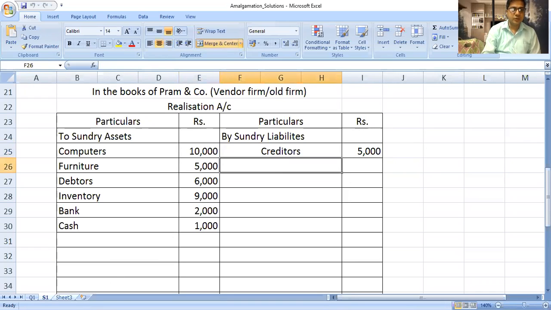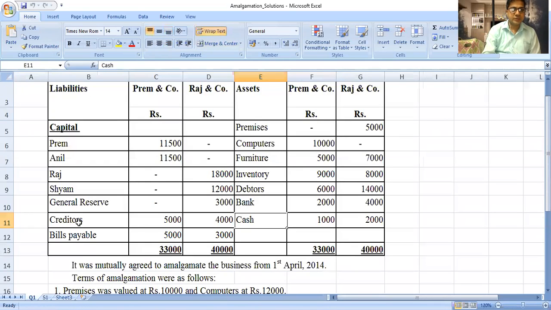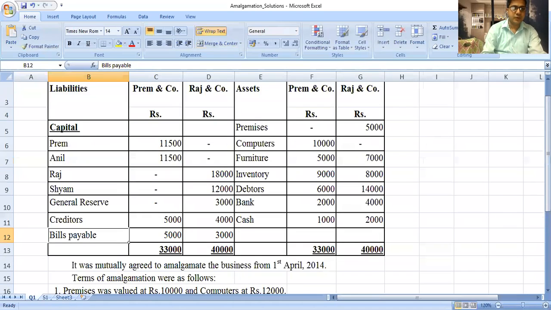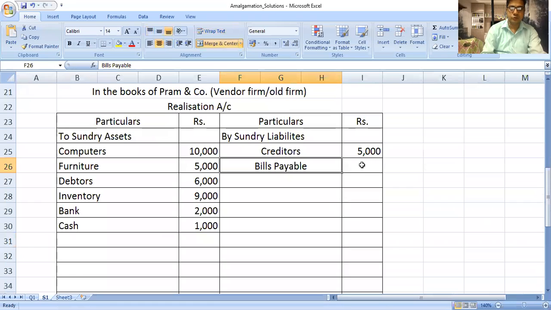So here in our problem, creditors and bills payable, these two liabilities are there that we have to show. So we will write by sundry liabilities, creditors 5,000, and we will show bills payable, and the value of bills payable is also 5,000.